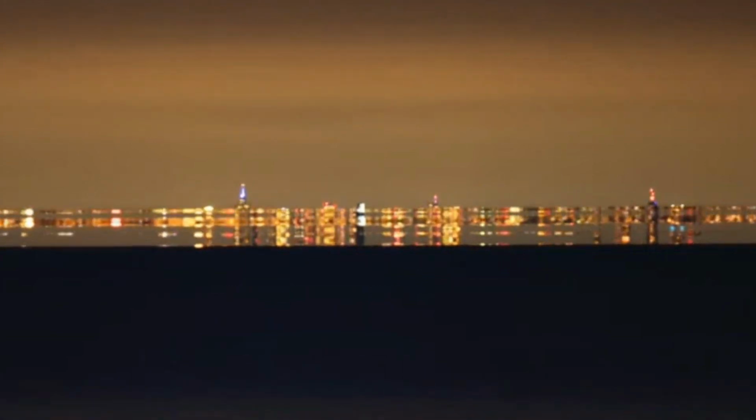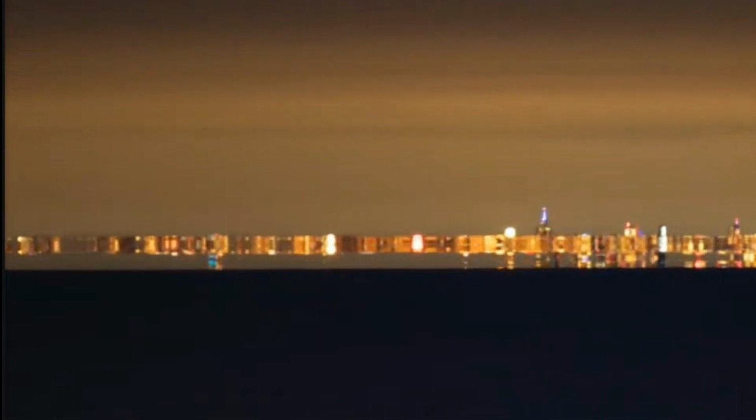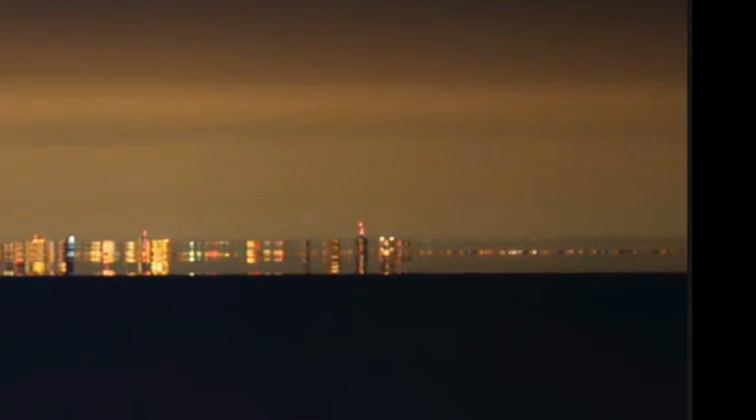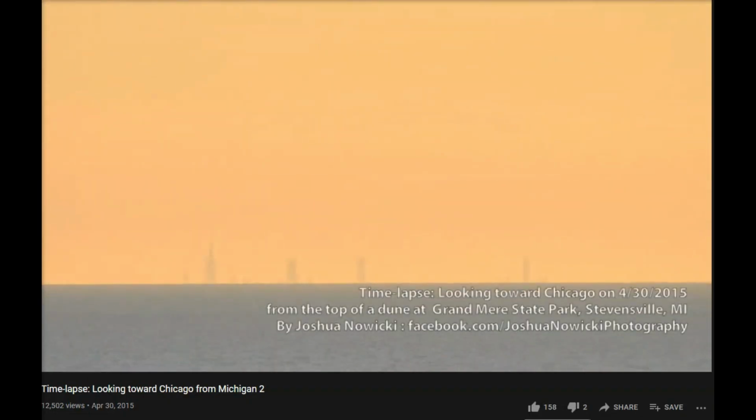You definitely can't say that seeing Chicago from 50 to 60 miles away is a cherry-picked occurrence when there's tons and tons of footage of it. Here's April of 2015. Watch how these buildings appear to rise and fall.